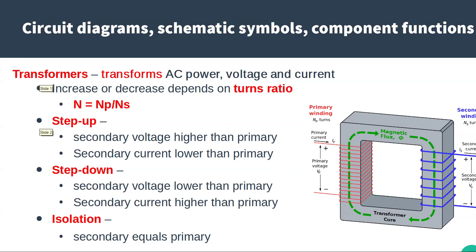So if it has the same number of turns, the voltage out is going to be the same as the voltage in. If you have more turns on the secondary than you have on the primary, it's going to have a higher voltage out than what's on the primary, and we call that a step up. Likewise, if it has less turns on the secondary, it'll be a step down and we'll get less voltage.